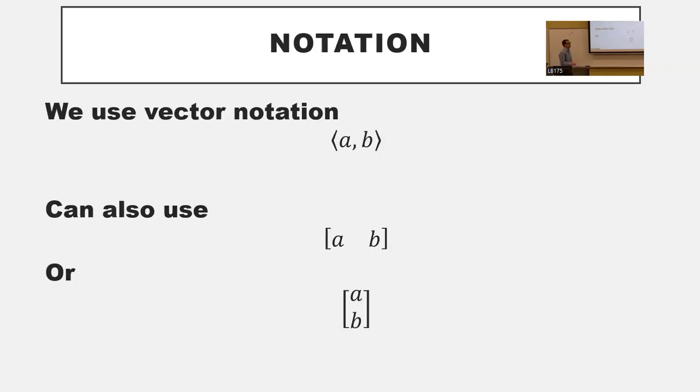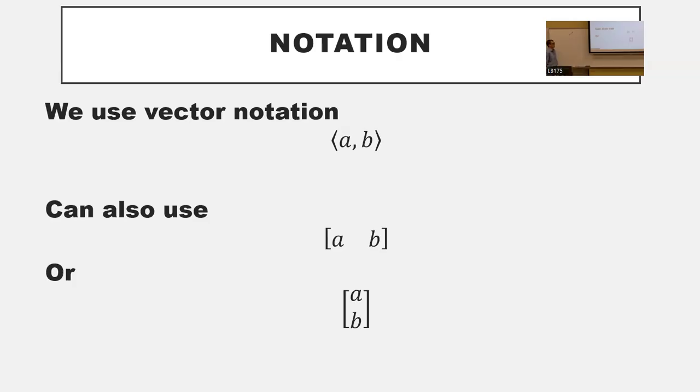Okay. Now, in this class, we're going to use that standard vector brackets, that vector notation that we just saw. But also, in other scenarios, you can use just a list of numbers.